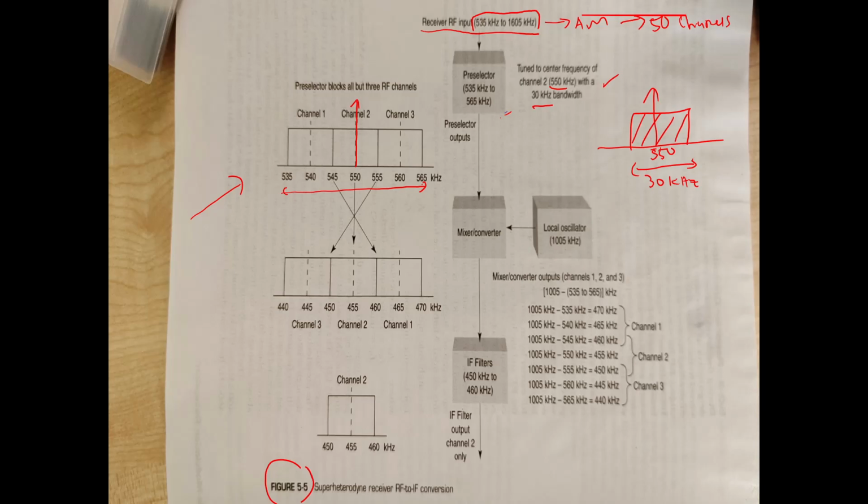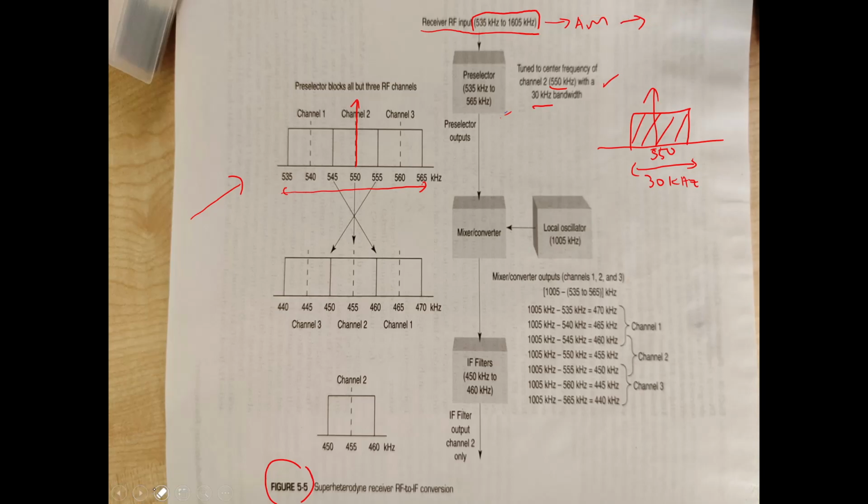How much is it? 1605 minus 535. So we get 1070 divided by 10. So we're going to have 107 channels.